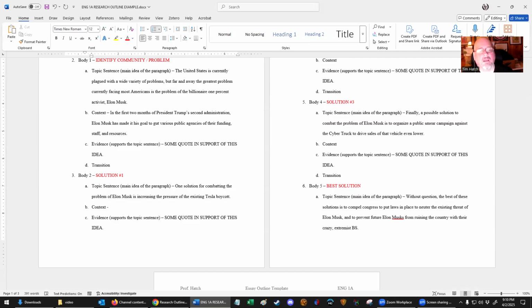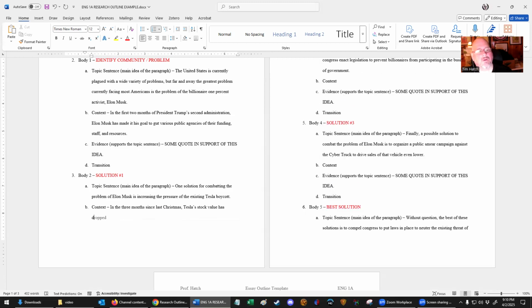So let's see. One solution for combating the problem of Elon Musk is increasing the pressure of the existing Tesla boycott. In the 3 months since last Christmas, Tesla's stock value has dropped by more than half.